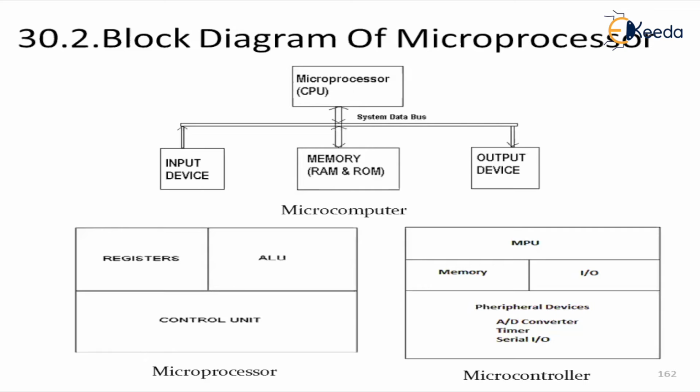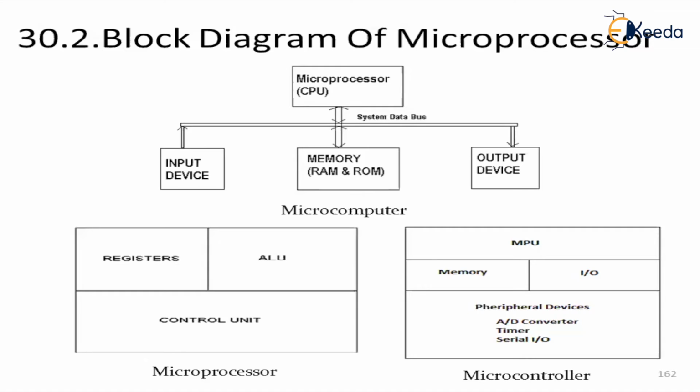And what are the components of a microcontroller? It is memory, I/O, and peripheral devices, which can be a converter, timer, or a CPU. So what do you understand by A to D converter? It is an analog to digital signal converter.